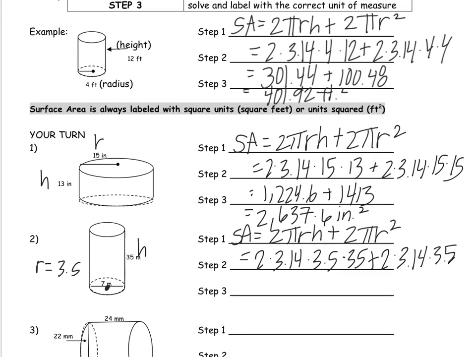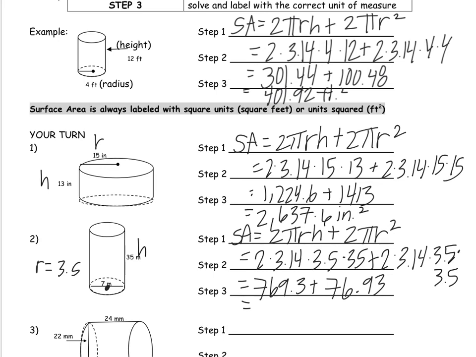Then the radius is 3.5, so multiply that twice for r squared. 769.3 plus 76.93.